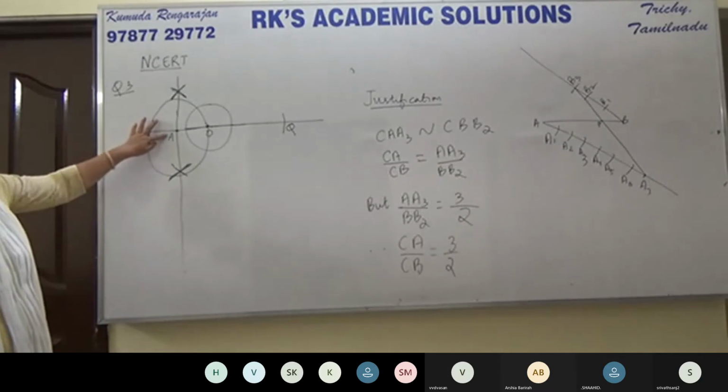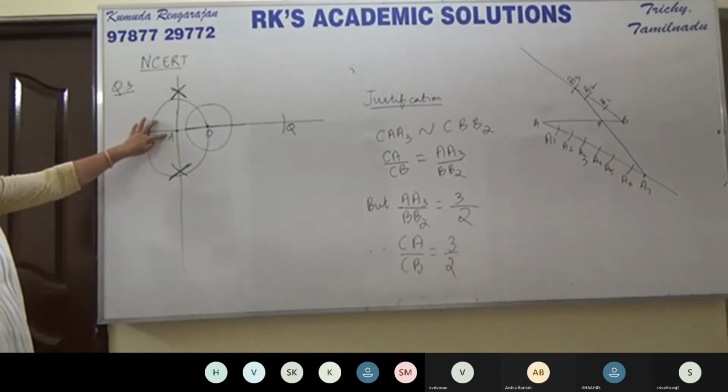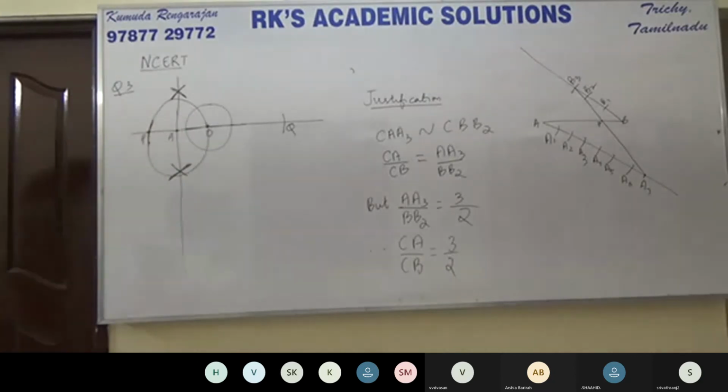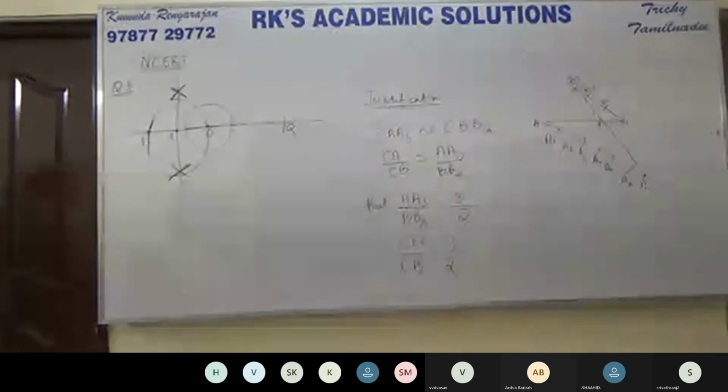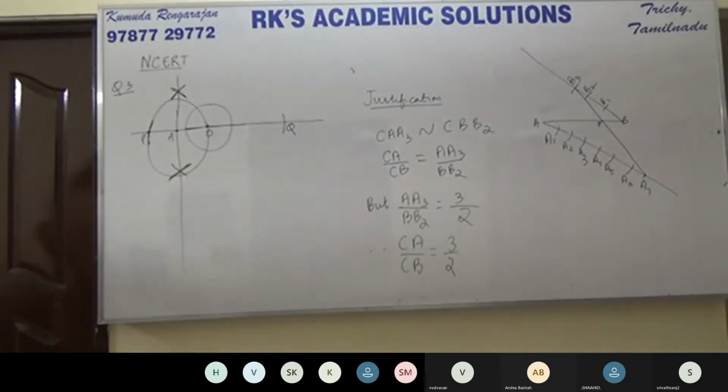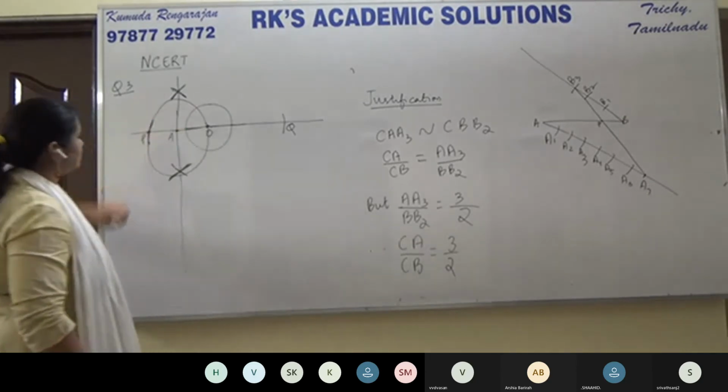With A as center and AO as radius, or AP as radius, draw a circle.